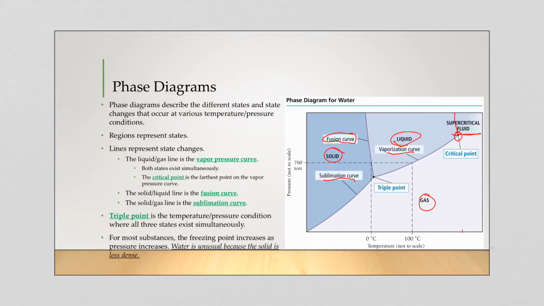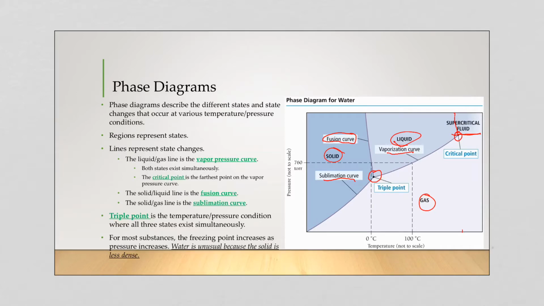One other important point on a phase diagram is where the three lines intersect. That's called the triple point, and that defines the temperature-pressure combination where all three phases can exist simultaneously. So you can have solid, liquid, and gas existing simultaneously at the triple point, the one point.